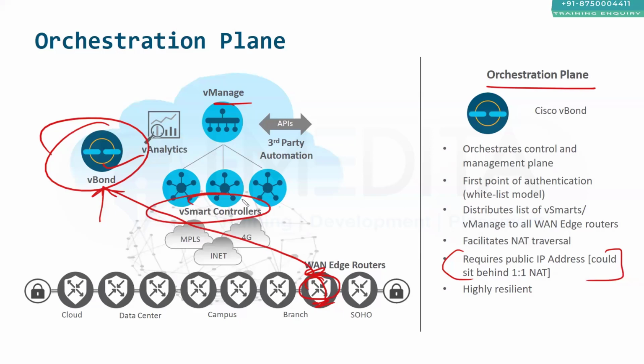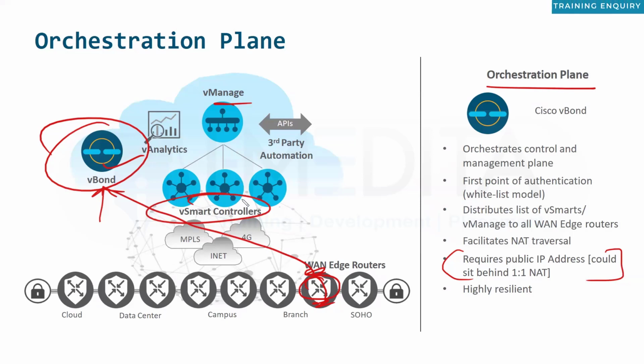There could be a situation where a customer never uses the internet. Then why would you configure the public IP address on the vBond?